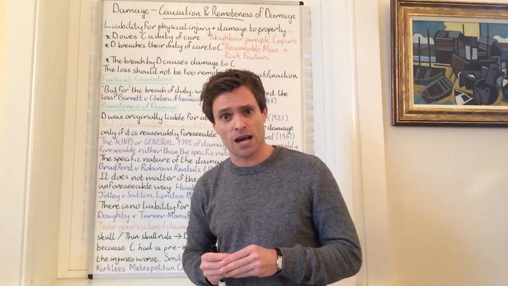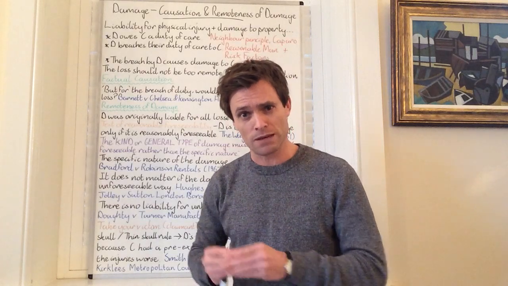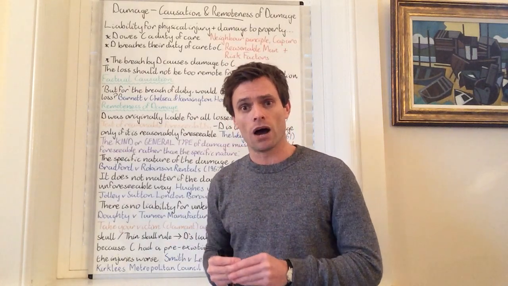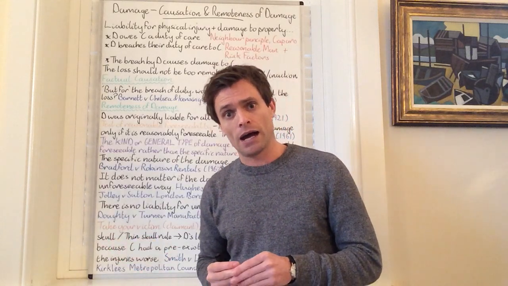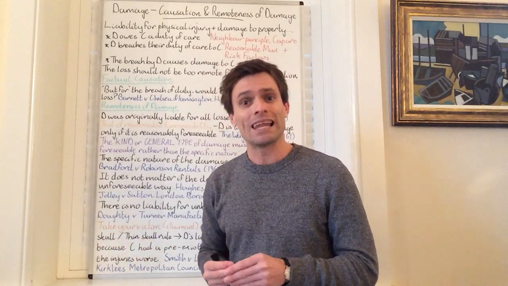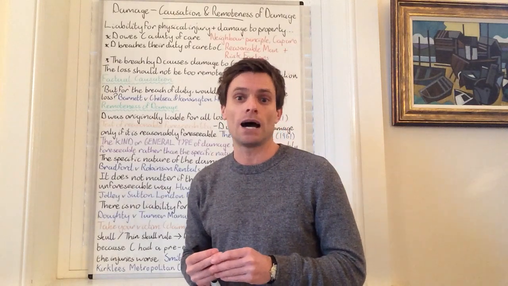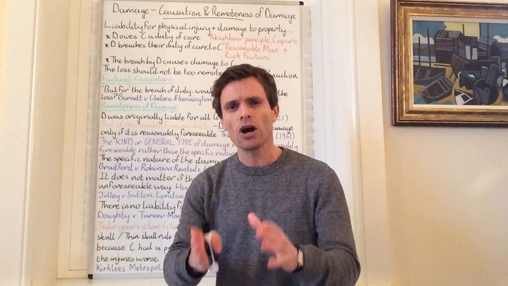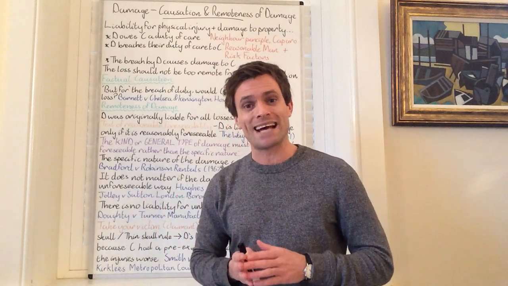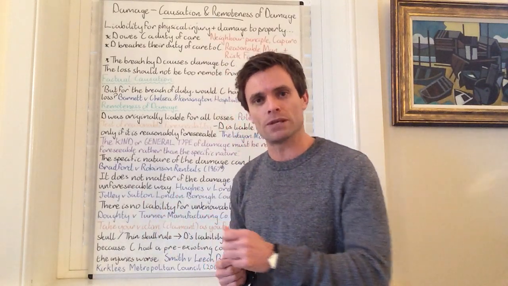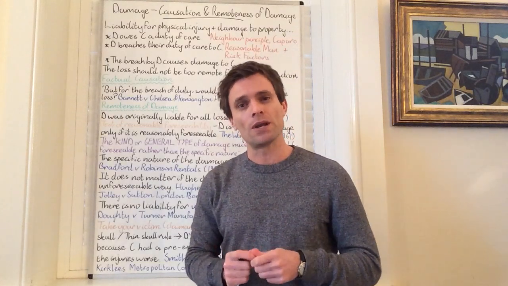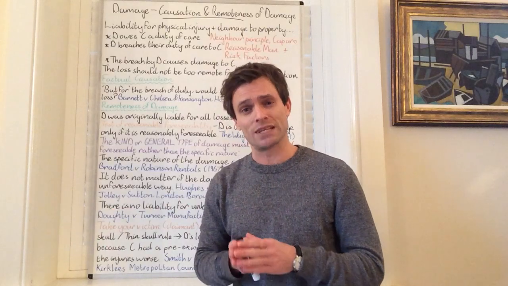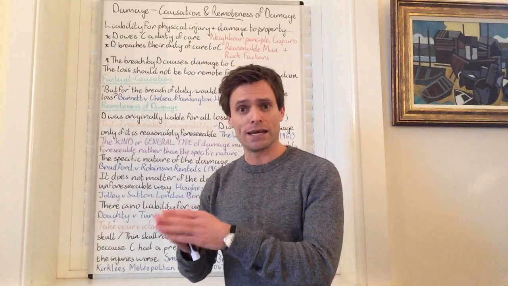They have to accept full responsibility for the consequences of their actions or inaction, even though they perhaps don't have a sufficient, I would argue, level of fault for that particular outcome. It's very blunt, it's very harsh, and because of that, well, the law really has injected a greater element of fault in order to determine the liability in relation to the extent of the damage caused by the defendant.